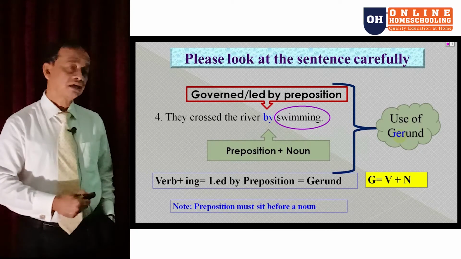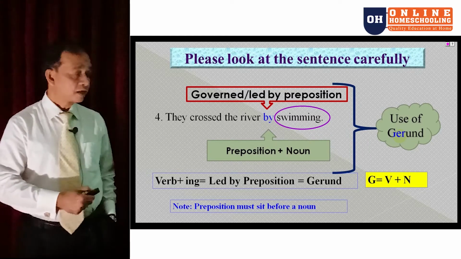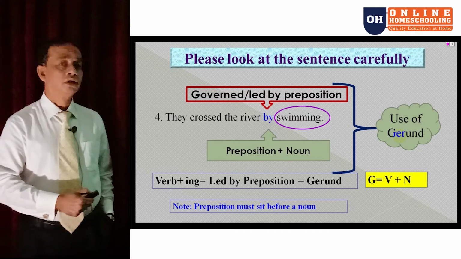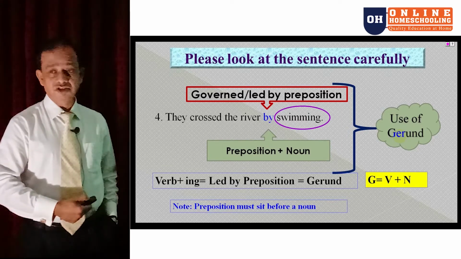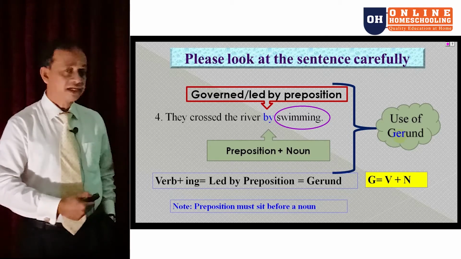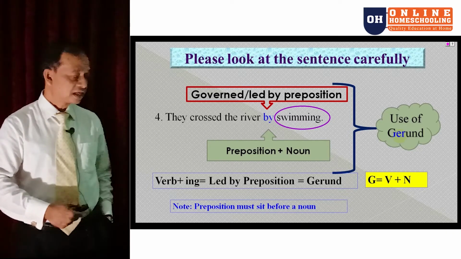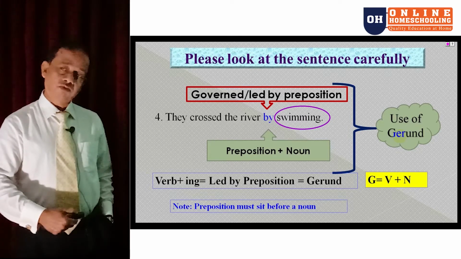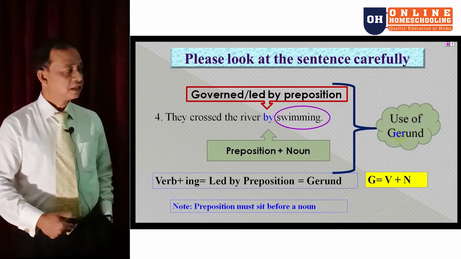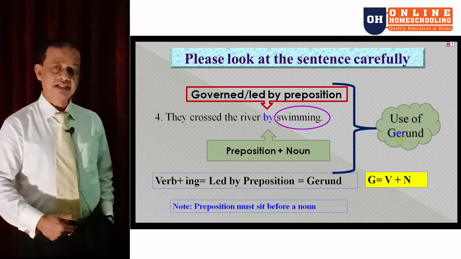So when a preposition sits before any word, that word is a noun. If it is a noun, obviously that will be a gerund. Look here, verb plus ing led by a preposition equal to gerund, G equal to V plus N.